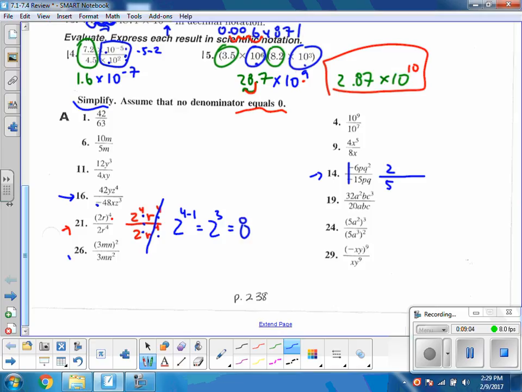Okay, and then I've got p to the first minus p to the first, so p actually disappears, it goes away. I have q to the second minus 1, so that is q to the 2 minus 1. I end up with q to the first, so my q is going to end up in my numerator, and that it is. That's it simplified. 2q over 5.